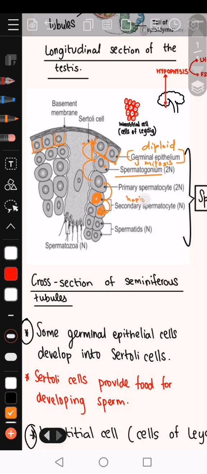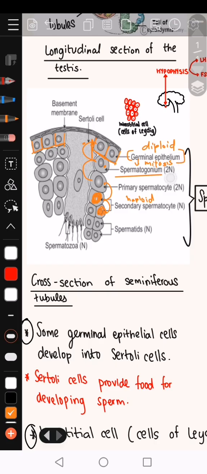Remember, that is correct, because the first meiotic division, as I explained in meiosis, is the reduction division, so it went from diploid to haploid. So if we go again: diploid germinal epithelial cells undergo mitosis to form a diploid spermatogonium.